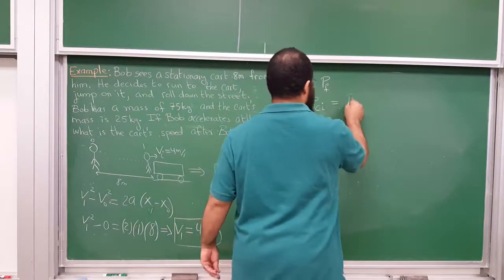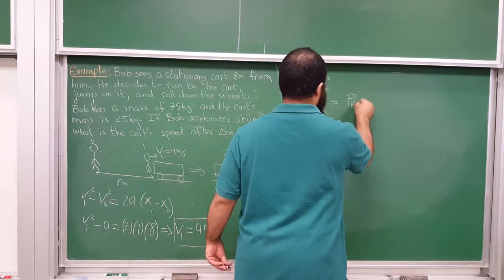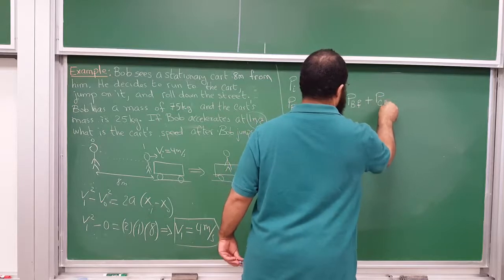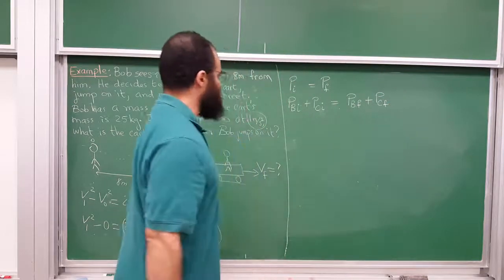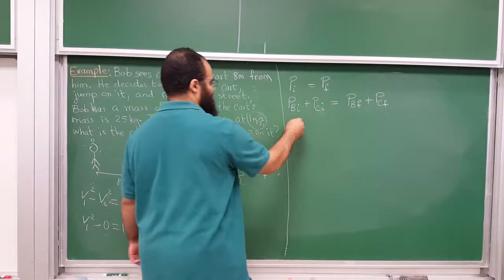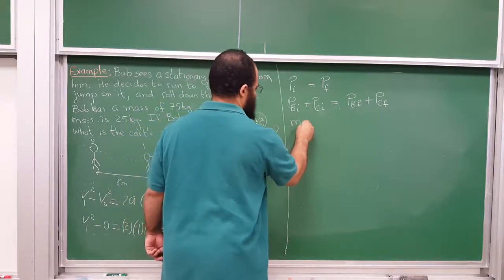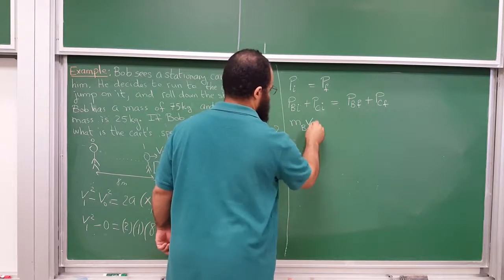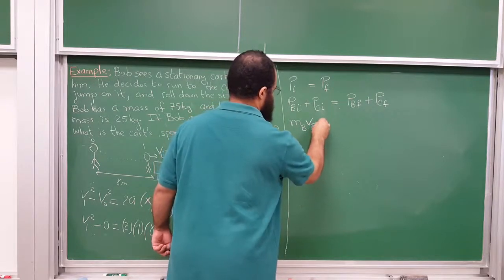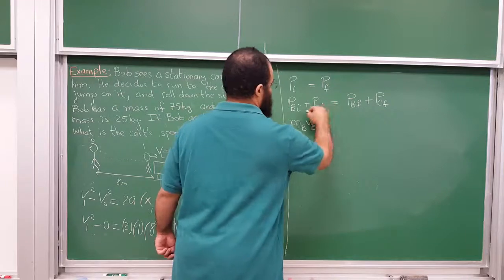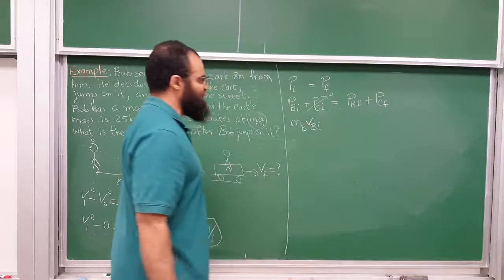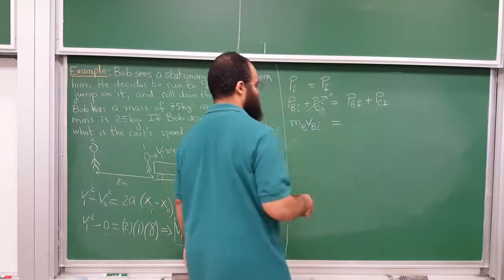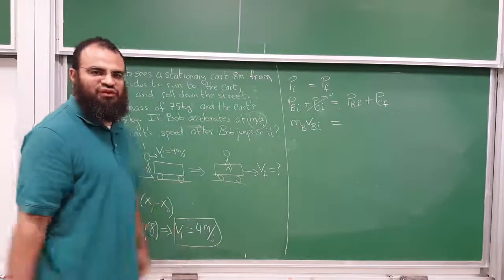That equals the momentum of Bob after plus the momentum of the cart after he jumps on it. The momentum of Bob at the beginning is the mass of Bob times the speed of Bob before he jumps, V Bob initial. For the cart, that's 0 because the cart was stationary, it wasn't moving. Right before collision, it was not moving. Right before he jumps on it.